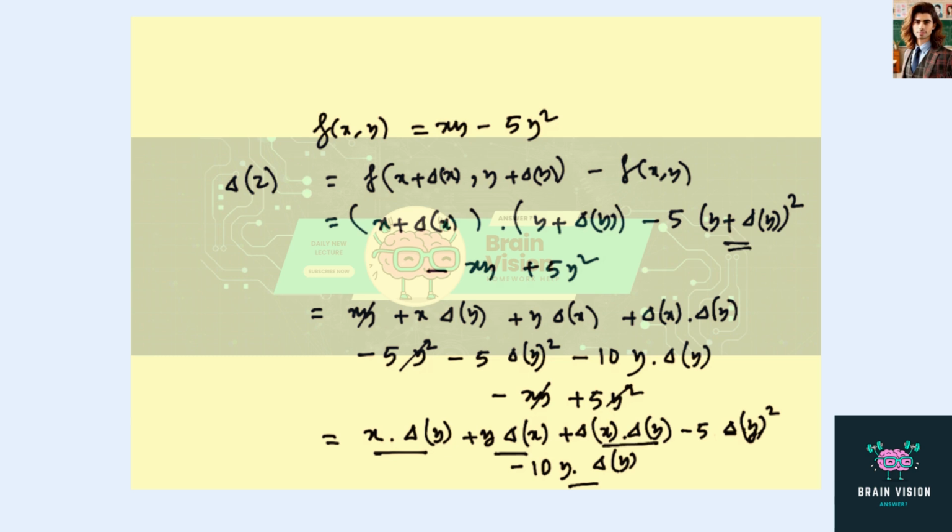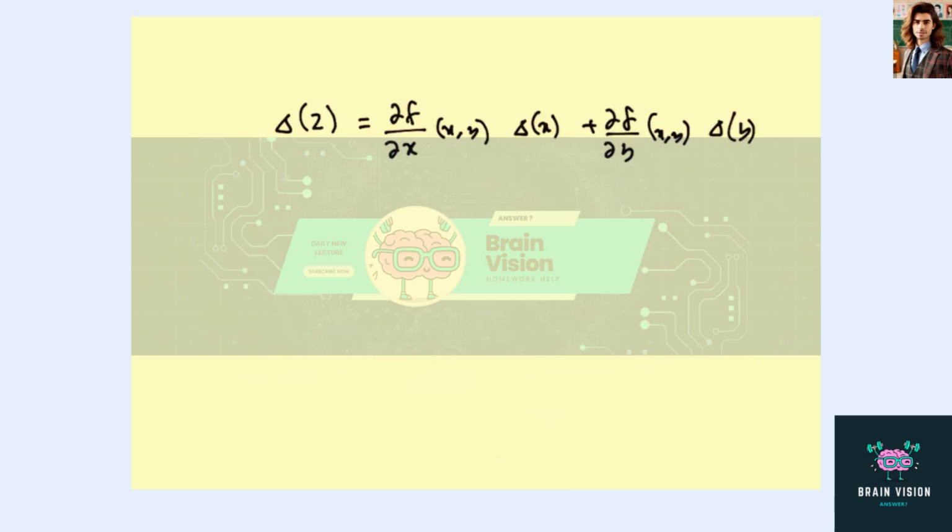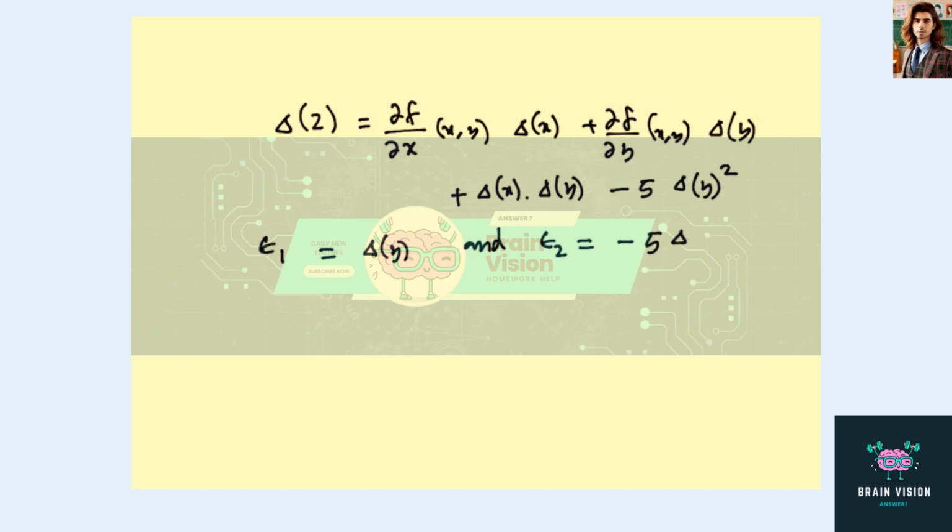So we have this extra term, delta x delta y minus 5 delta y whole squared. These are the only two excess terms, so I will just write that down. So what is our choice of epsilon? We can take epsilon 1 equal to delta y, and epsilon 2 equal to negative 5 delta y. Why?